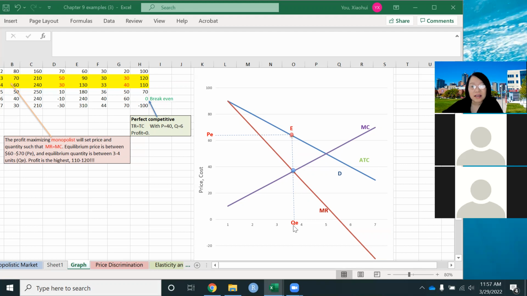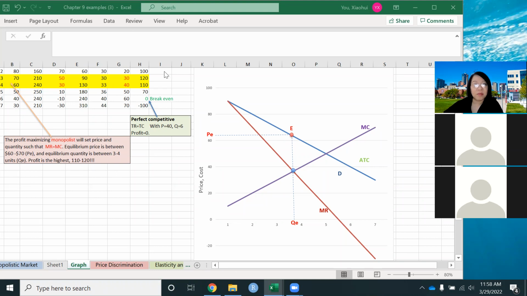So see, this is the quantity and the price for the equilibrium, the monopolistic profit maximizing production. Price is about 60 and 70, and the quantity is between 3 and 4, and then profit is about this amount.